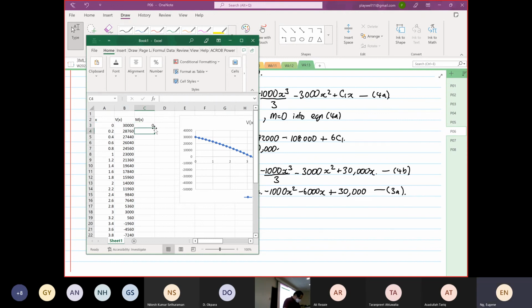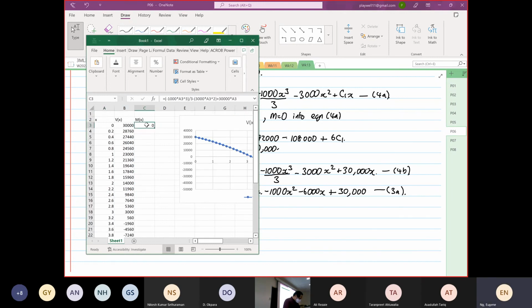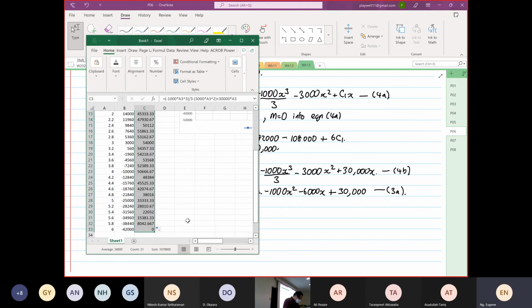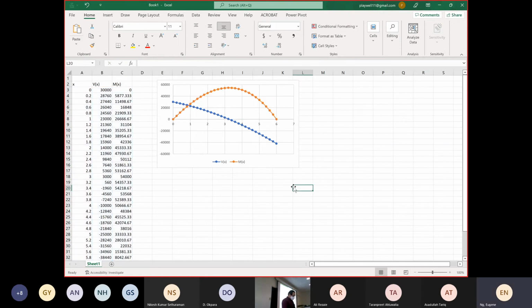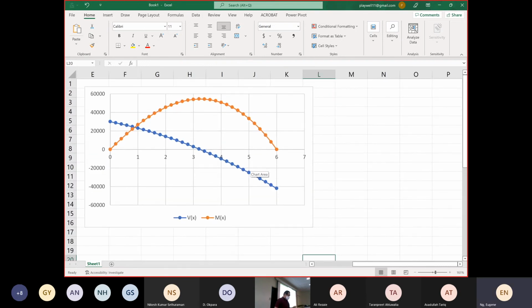Okay. So now, how do we know that this is right? Because when x is equal to 6, the moment has to be equal to 0. Please be equal to 0. Okay, so now we have this. What you see over here, the blue is the distribution for the shear force.